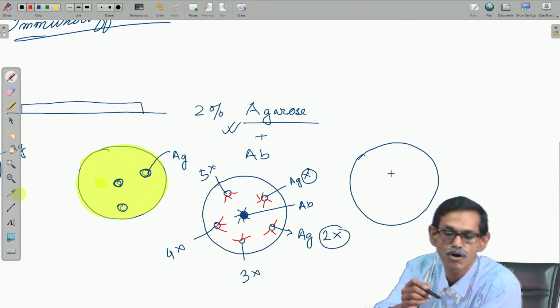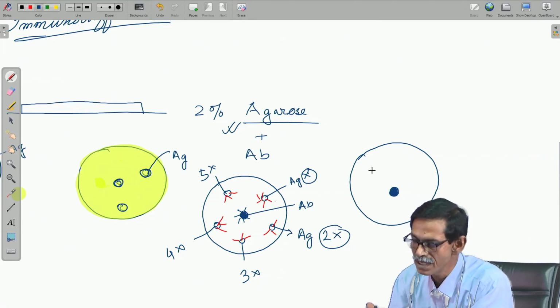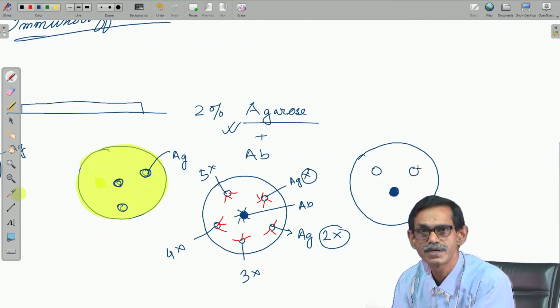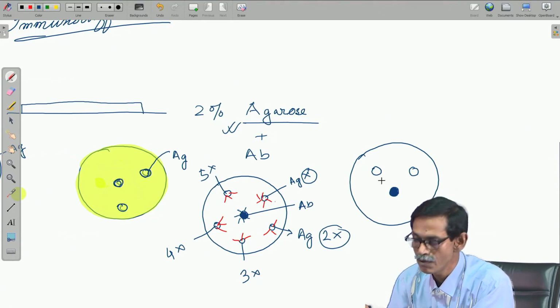If I now make one well here where we put antibody, and one well here with antigen, another well with antigen, same amount, what will we see? At a particular distance from this well, we will see a precipitation line.